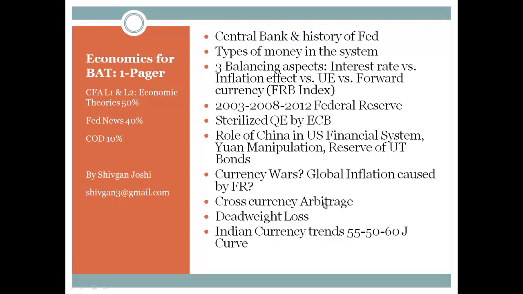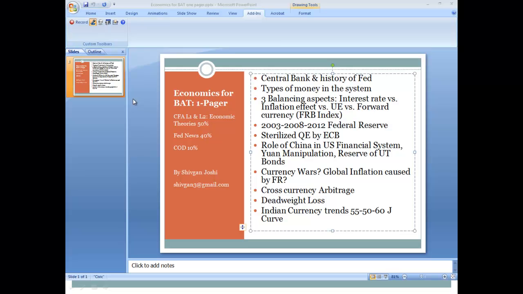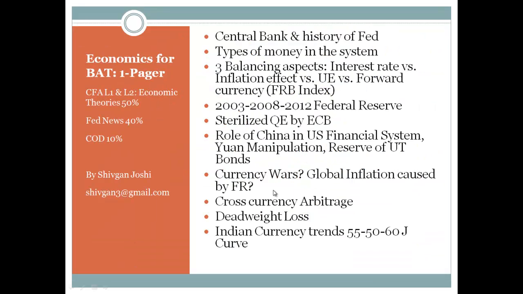So, how is global inflation caused by the Federal Reserve? There is one theory, not given in the book so much, which says that when the US prints money, it weakens the dollar. So suppose the Indian currency is at 55, $1 for 55 rupees, it would go down to 50.